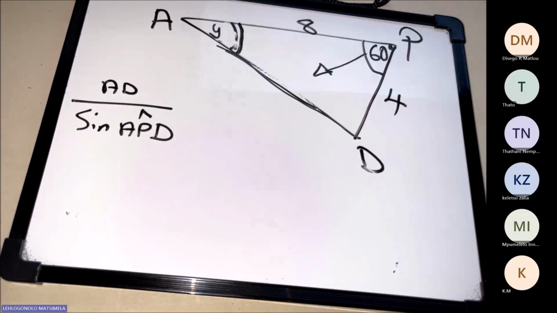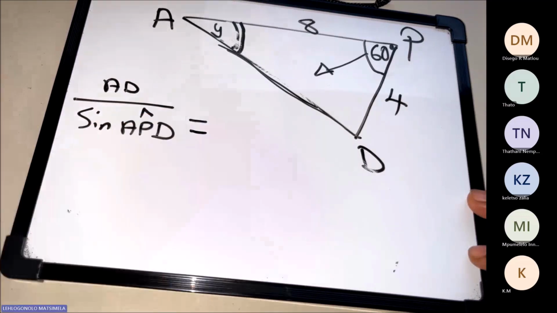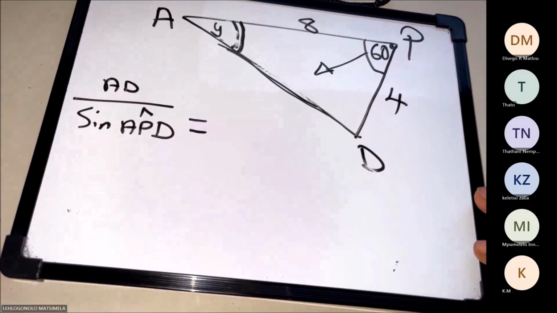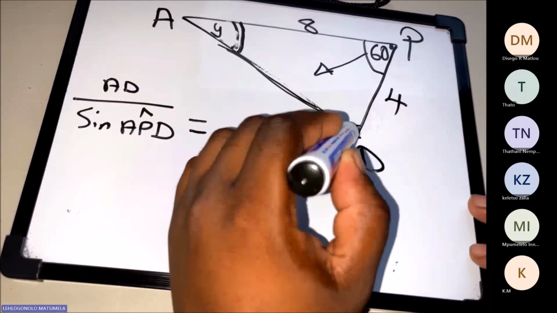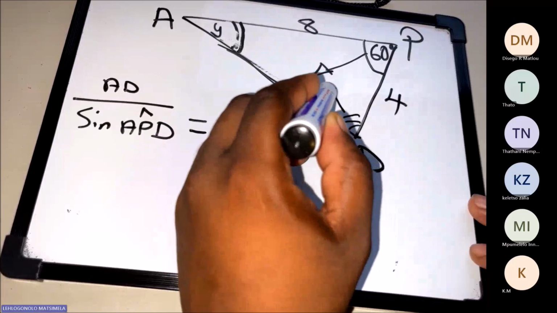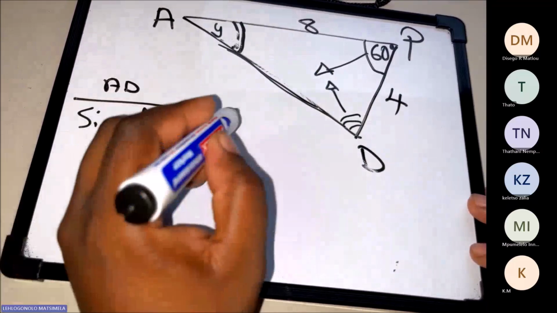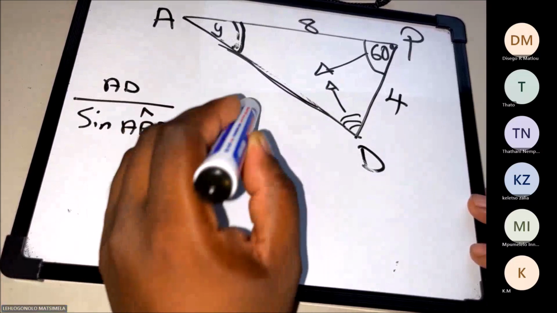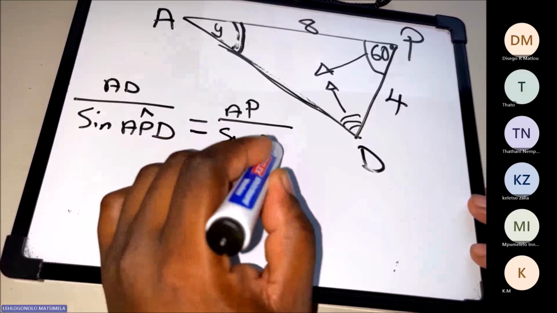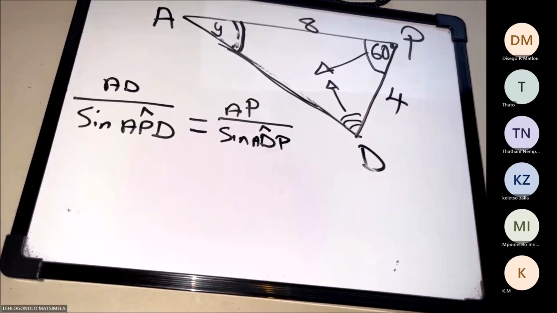Get the first option, then it has to equal something else. From angle at D, we draw an arrow pointing to which side? Side 8, which is AP, so side AP is opposite to angle at D, which is ADP.